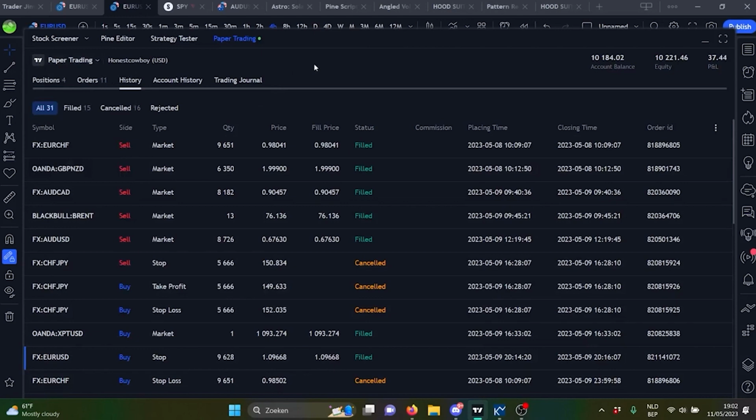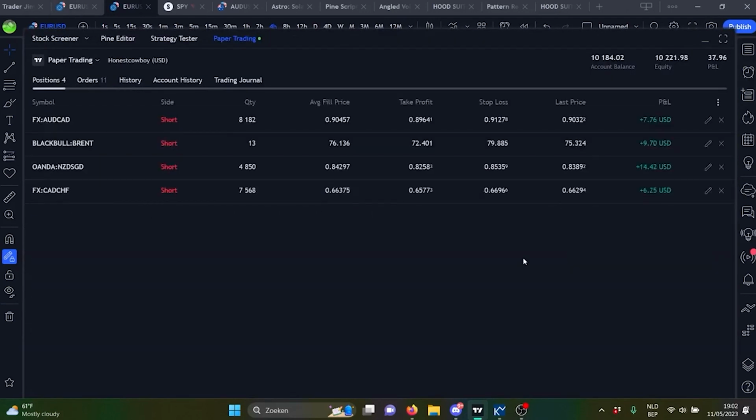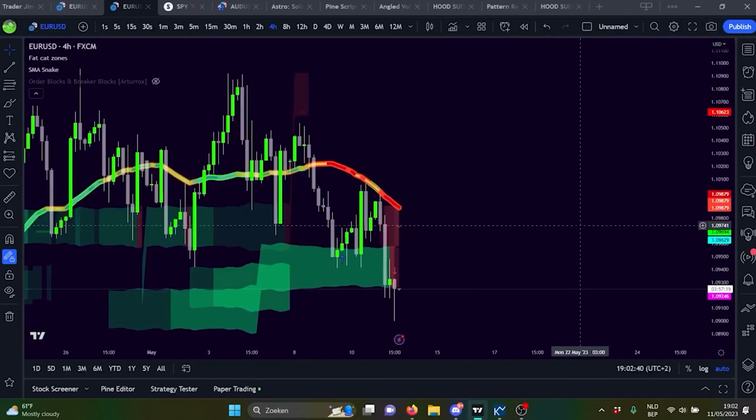So I'm looking forward to that. But let's continue our trading. Also, it's good that we are now only in 4 positions, they're a lot closer, so we are open to entering new positions. So that's what I'm going to look for now.